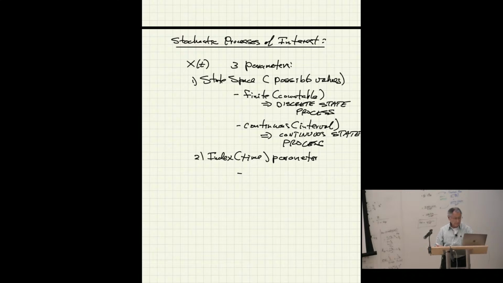It could be finite or countable, just like before for the state space. Does it appear on the integers? Then it's called a discrete time parameter. Again, all these are obvious.